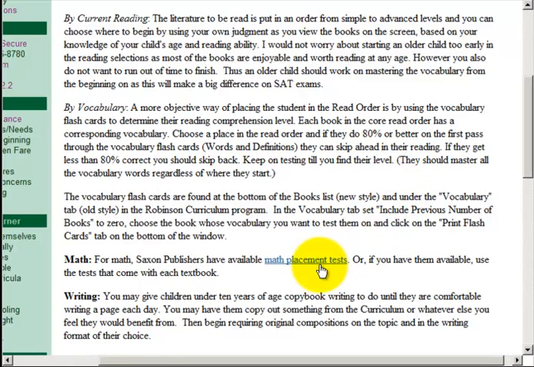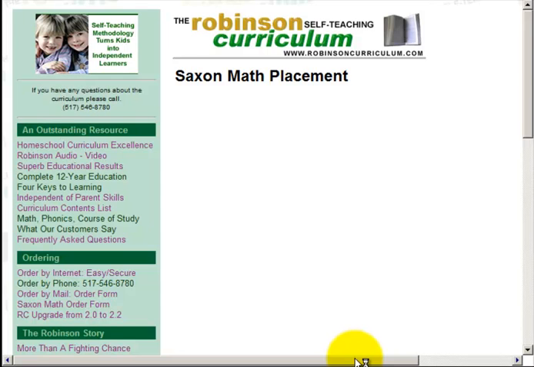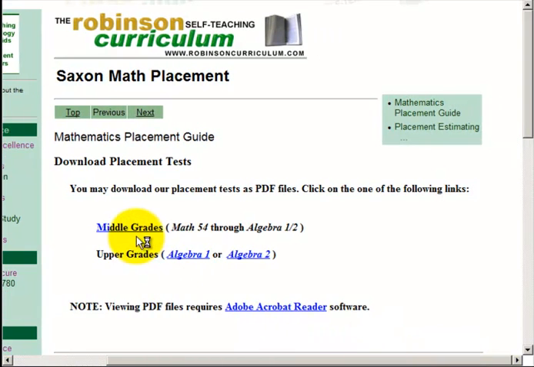And here for the math, we have available the Saxon Math Placement exams. So here you can go to the middle grades exam, the upper grades, Algebra 1 and Algebra 2.